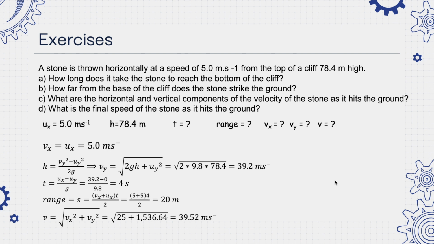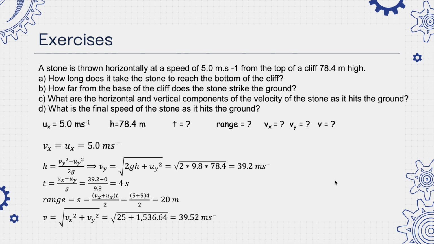So the difference in the speed divided by the acceleration, but the speeds are the vertical ones, Vy. So it's 39.2 minus 0 divided by 9.8, the acceleration. So it's 4 seconds. Remember, 4 seconds to go up and down, or in this case just down, is the same as 4 seconds to go horizontally, because it touches the ground just one time.